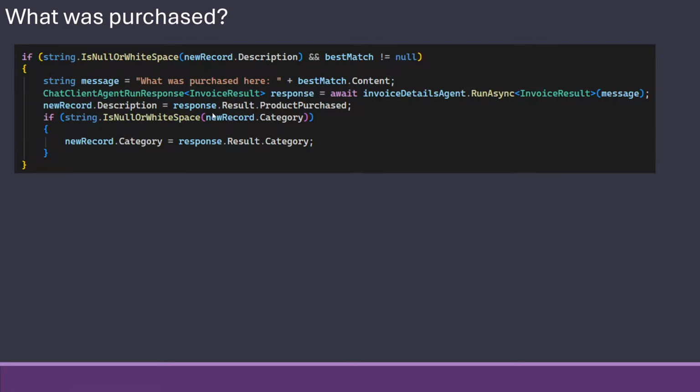I ask it to put the product in the description, and I give it this structured output invoice result, with my default categories that it is allowed to choose from, meaning services, stocks, salaries, and so on. And when I do that, it just comes back.